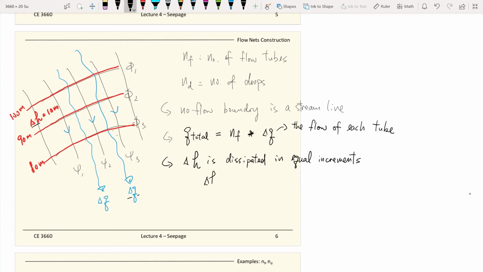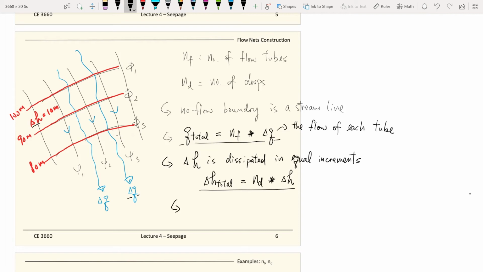Which means the total head drop here will be equal to the number of drops times the drop for each increment. So those concepts here will help us do analysis calculations later. You will need those equations for homework and also for exams.